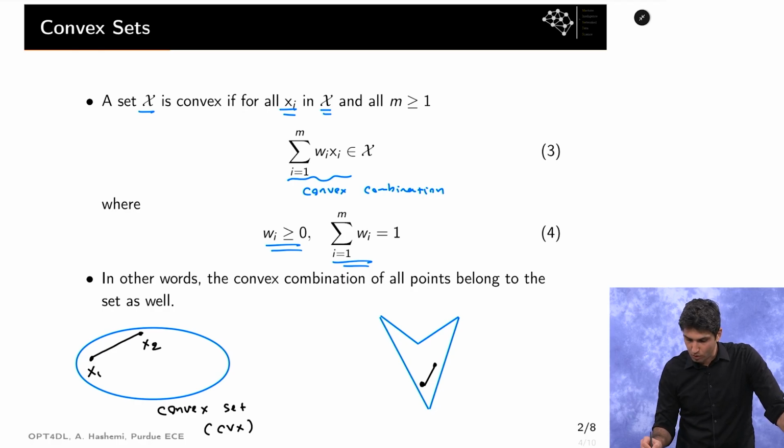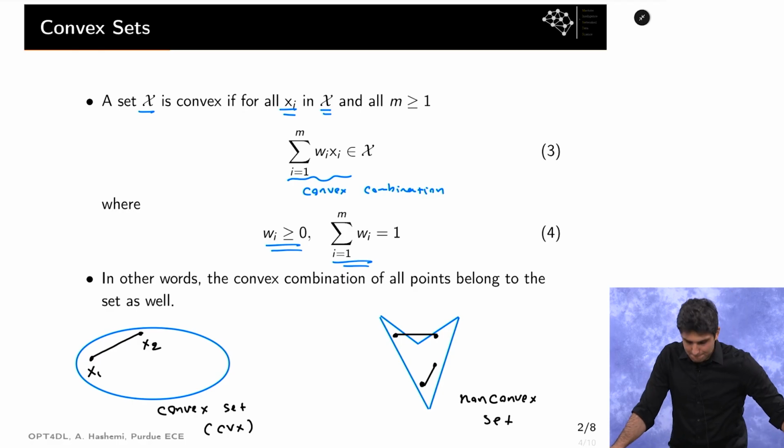But that's not the whole story. If I consider these 2 points, part of the line segment resides outside of the set. Therefore, this is an example of a non-convex set.